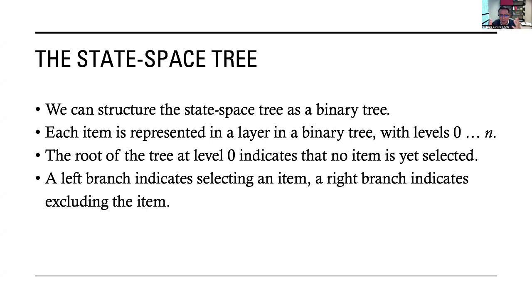It doesn't really matter which one is which, as long as you keep the same convention below when you are expanding or branching the tree. In this case, the slide mentions that the left one is going to be selecting, 1, and the right one is going to be excluding, 0. Okay.